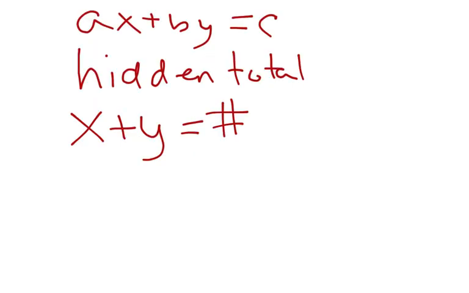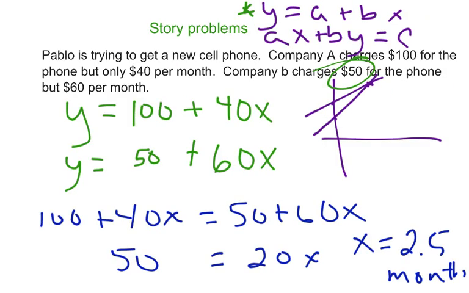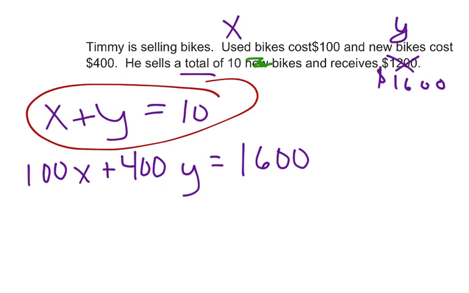If you go back to the other problem, you have month as one variable and the other one has per month, so they have the same variable, which would be x. Here we have used bikes, which is x, and new bikes, which is y.